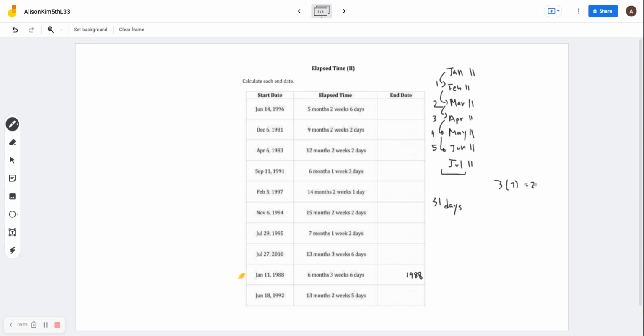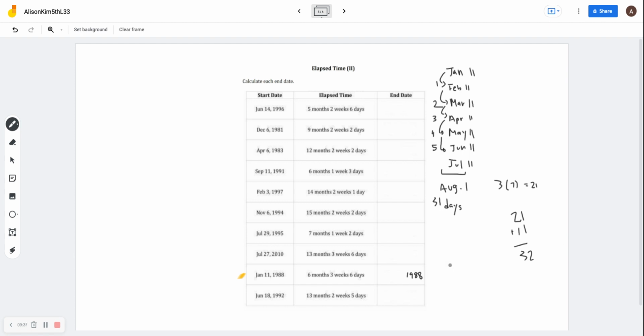That's 21 days. 21 plus 11 is unfortunately 32. So that means we finished the month of July and we went on to the month of August. So if we were to add the 7 days, it would be August 1st, since there's 31 days in July.